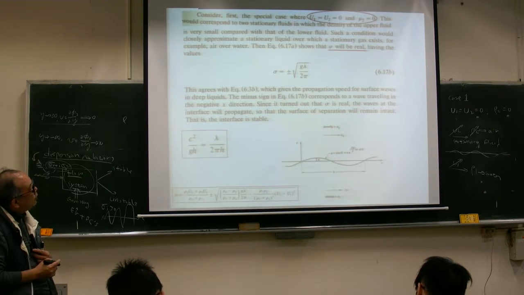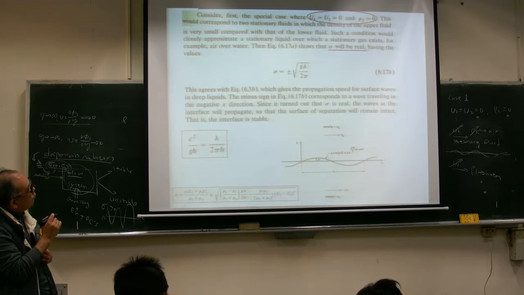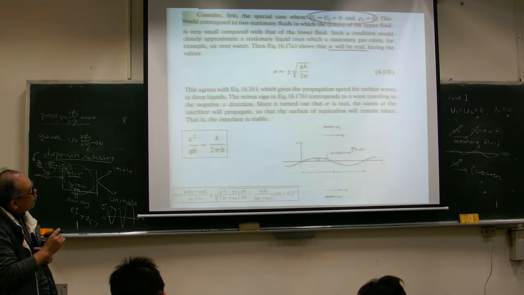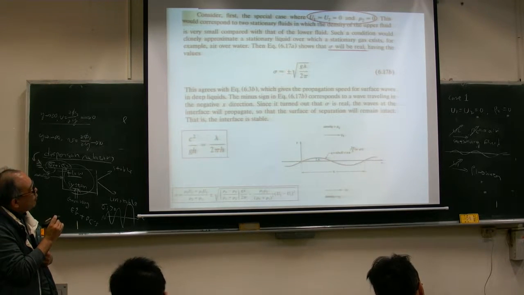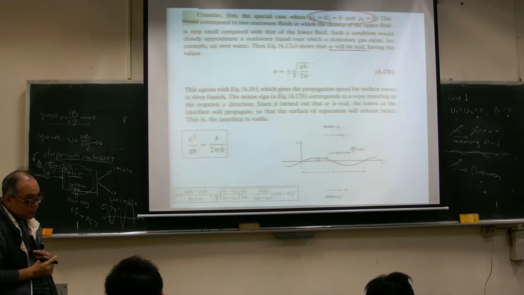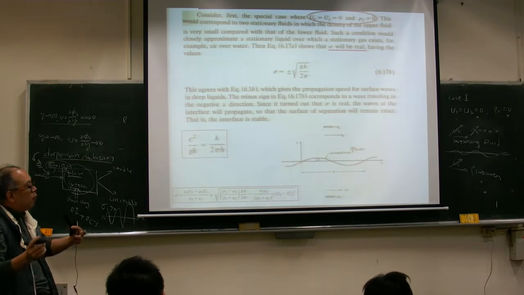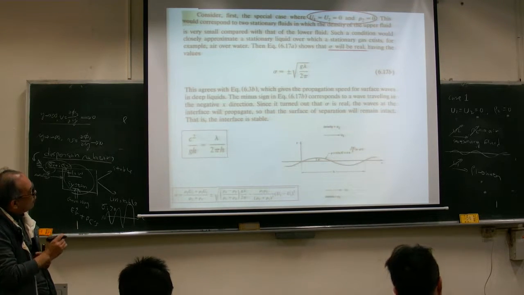When I perturb this flow, this small perturbation wave will be propagated along with these two wave speeds. Positive means it will travel to the right, negative means it travels to the left. So they have the traveling wave to the right and to the left.